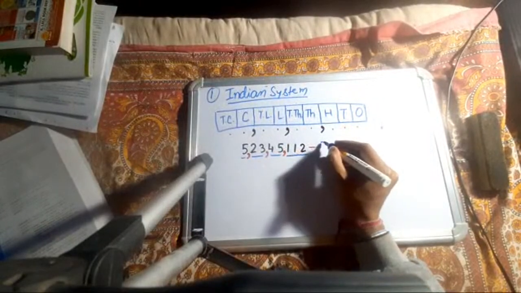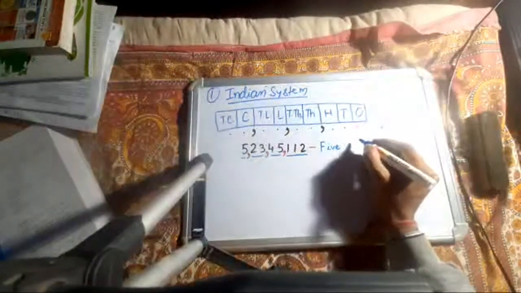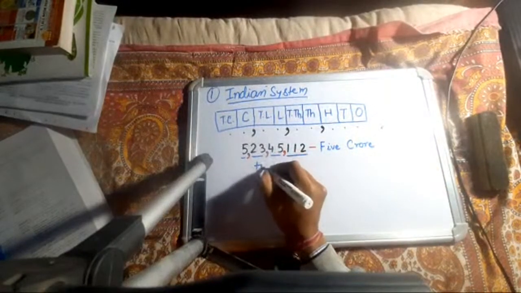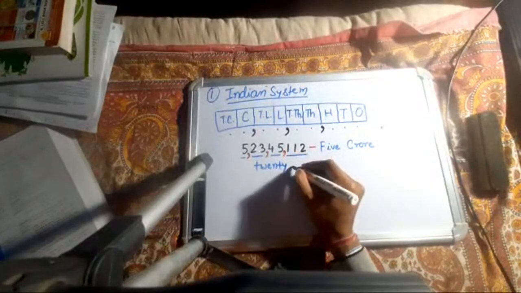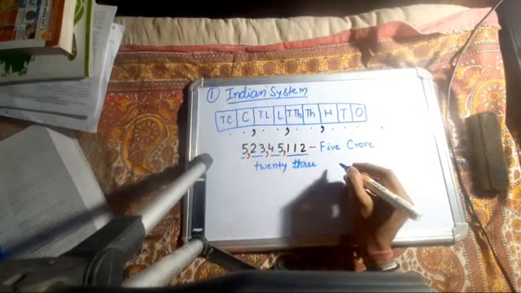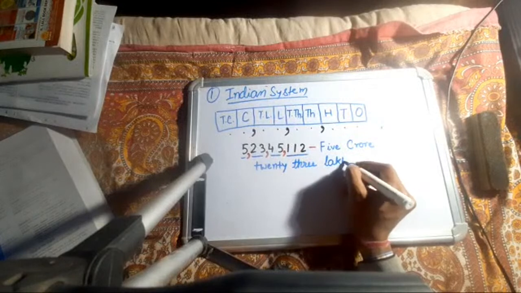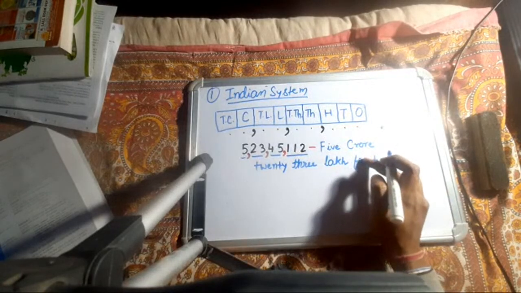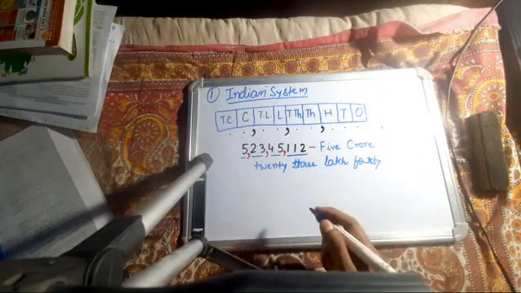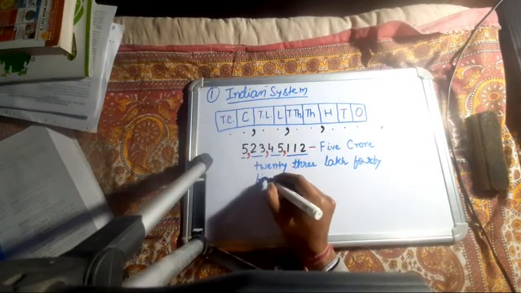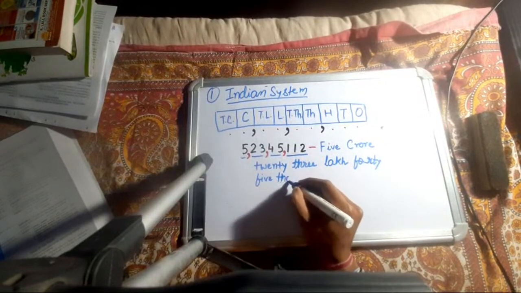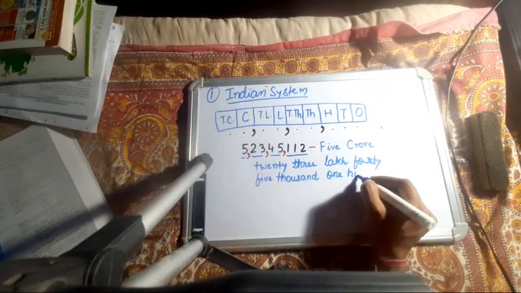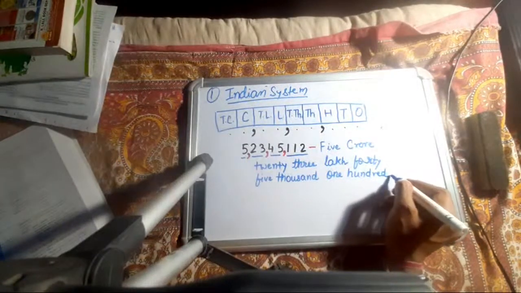So its spelling will be 5 crore, 23 lakh, 45,000, 100 and 12.